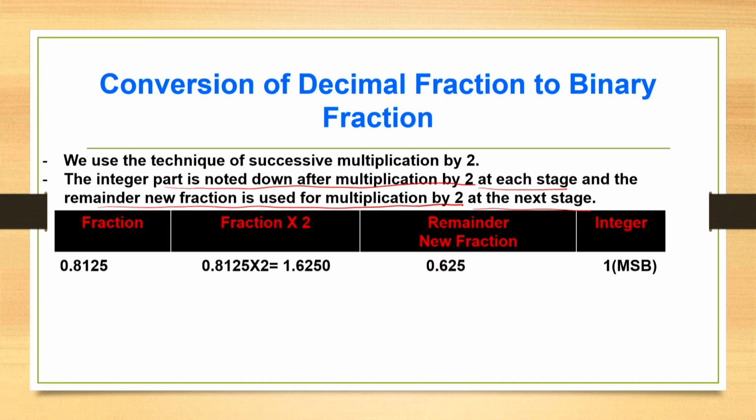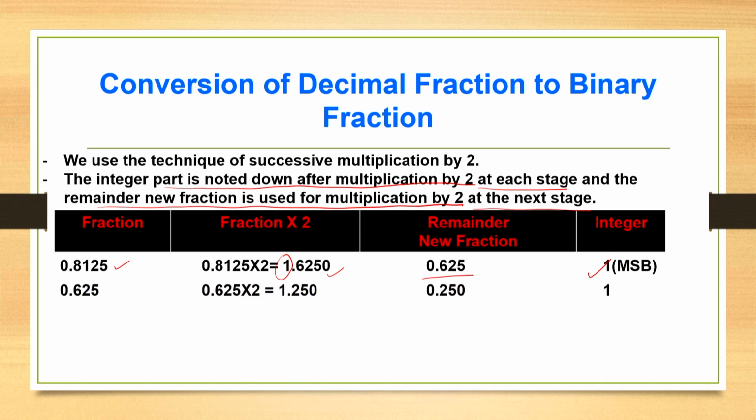Here I have taken a decimal fraction which is 0.8125. So, according to the method, first we have to multiply it by 2. Here I get 1.6250. From this, I will take 0.625 as the remainder new fraction, and this one is noted over here as the MSB.